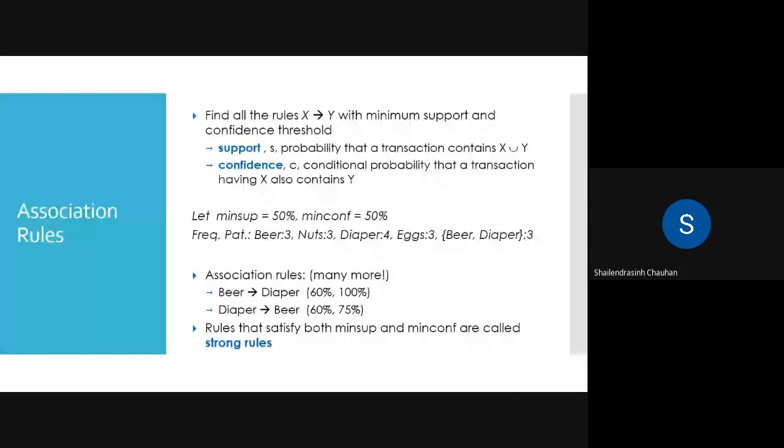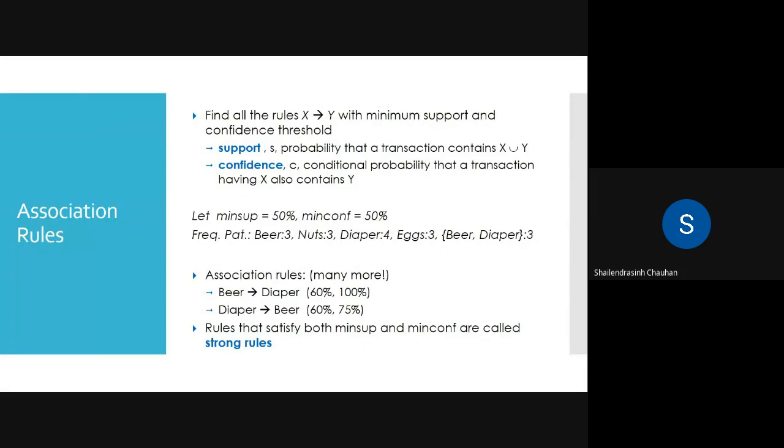Sorry, I was disconnected. So we are discussing the first association rule, that is beer given diaper, 60%, 100%. First of all, what is this rule? Here we are trying to find out the association between beer and diaper, followed by beer. That means the customer is interested in beer.